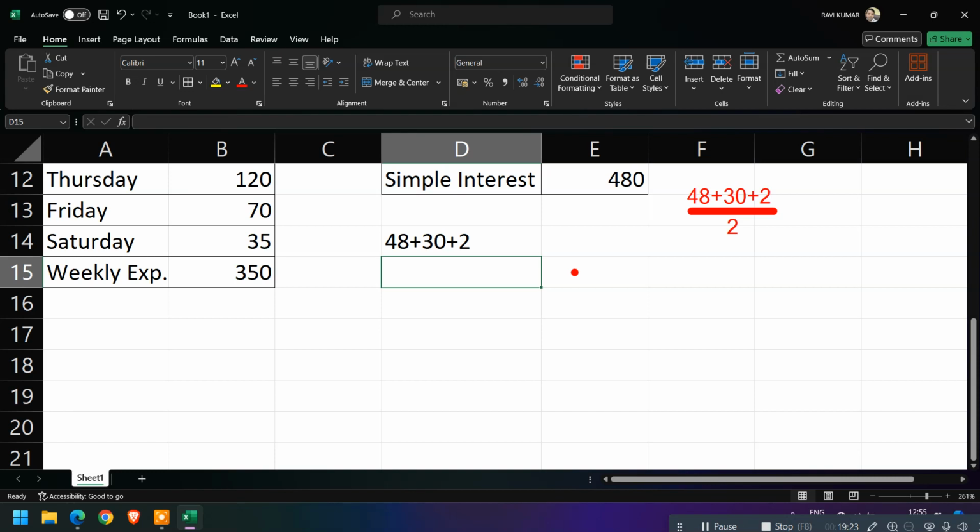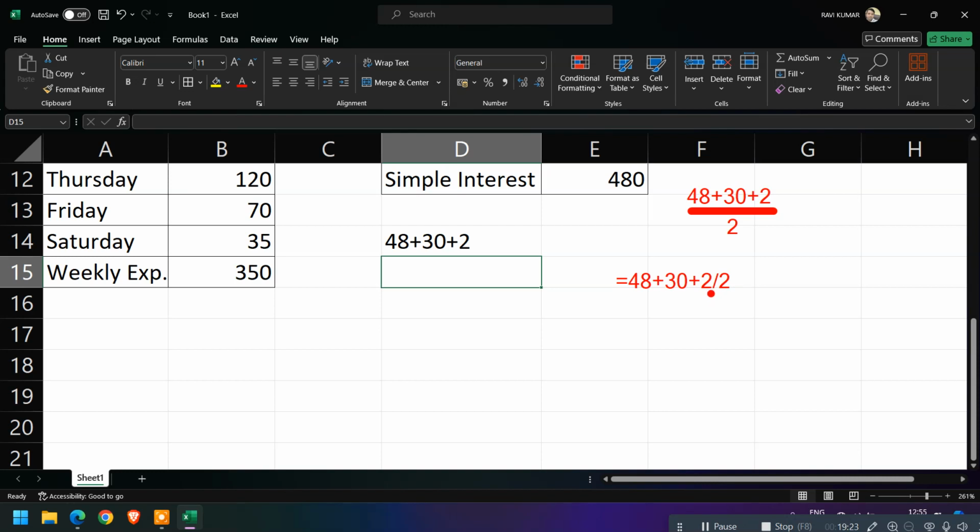Equals 48 plus 30 plus 2 divided by 2. So what will be the answer of this equation?